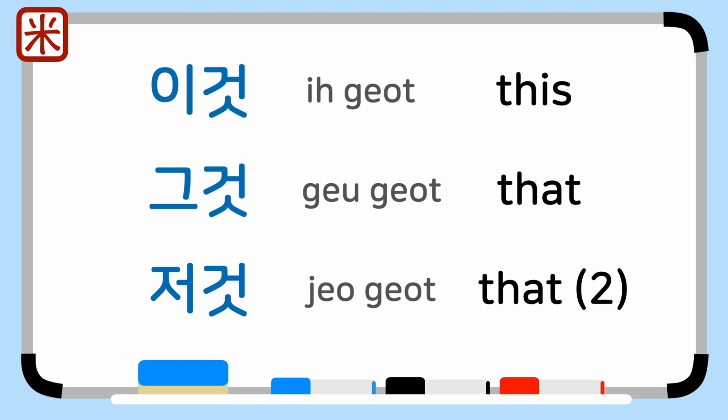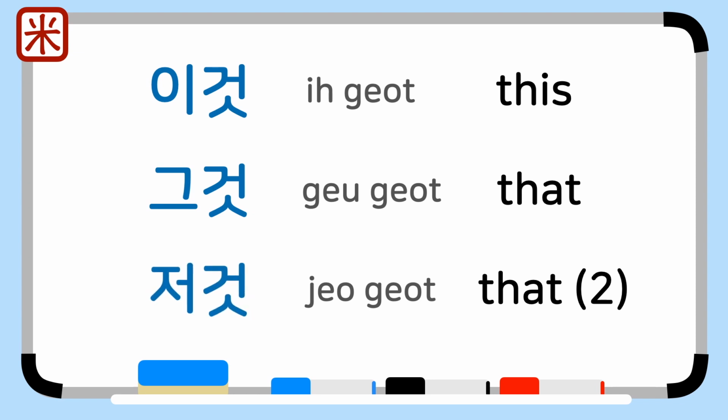So I prepared the demonstrative pronouns. 이것 means this. 그것 means that. 저것 also means that.